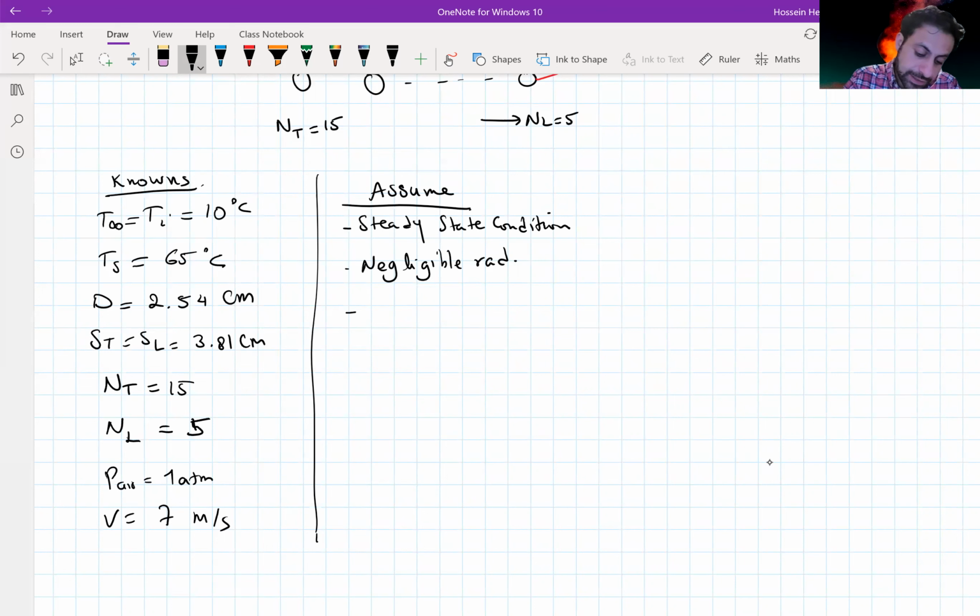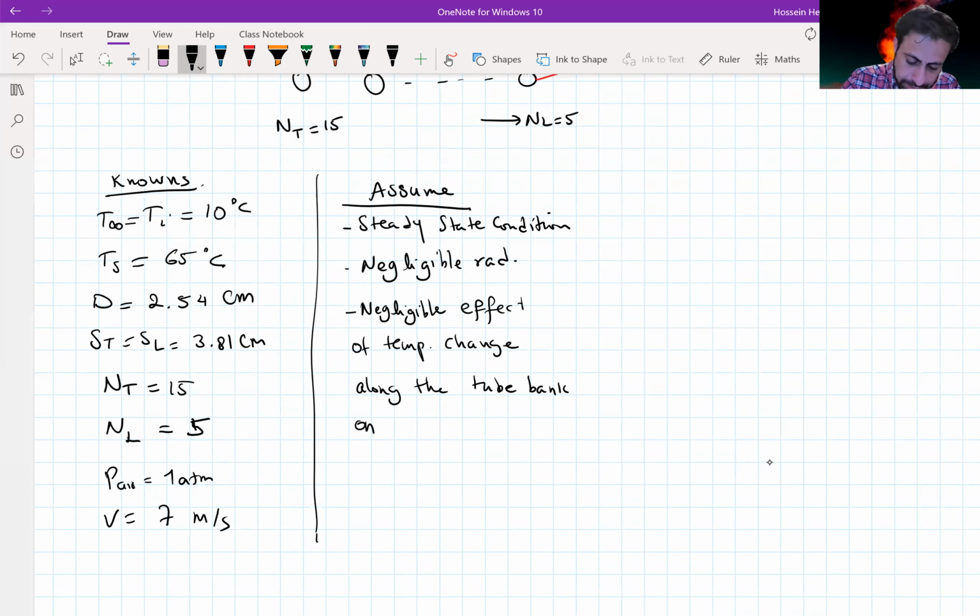And another assumption that we can verify later on is negligible effect of temperature change along the tube bank on air properties.